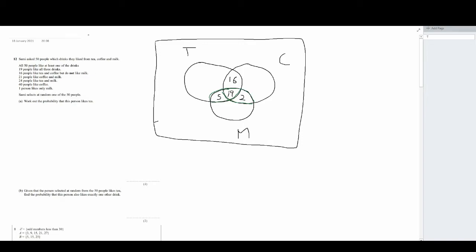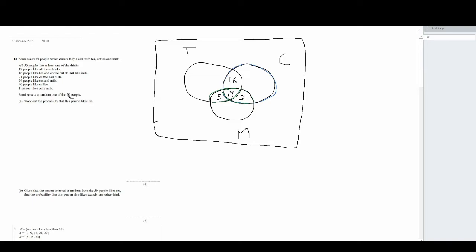40 people like coffee. So this is where the working outwards thing becomes really clear. In all of this big circle here, let's go in a different color to make this a little clearer, 40 people like coffee. So what we should do here is not put 40 just like that and leave it, because that's wrong. Then you'd have 40 plus 16 plus 19 plus 2 who like coffee, but we're told that only 40 people like coffee.